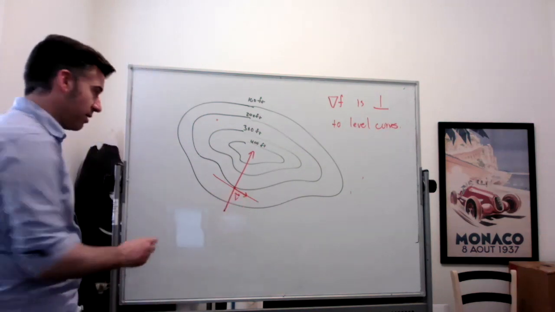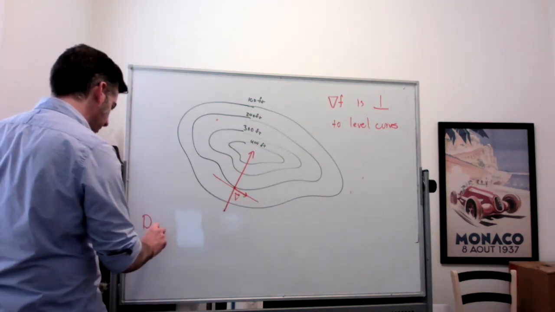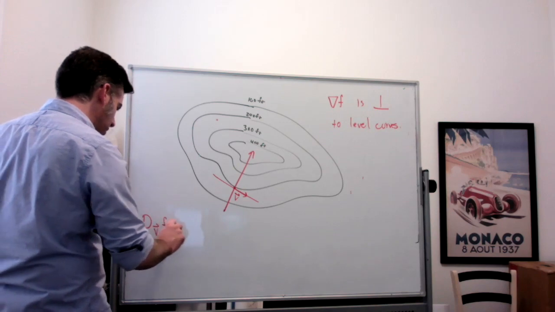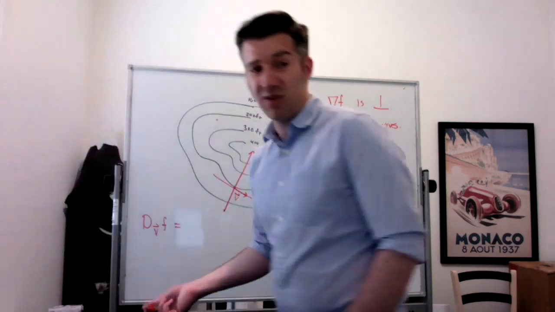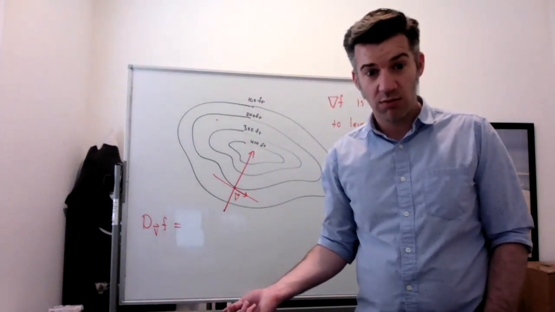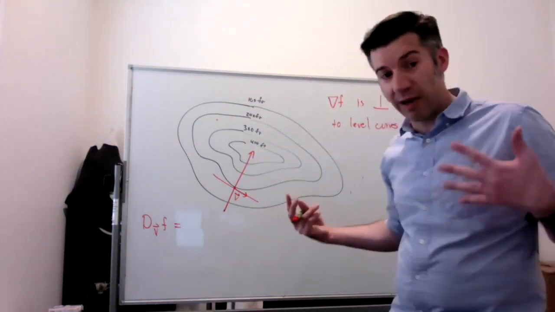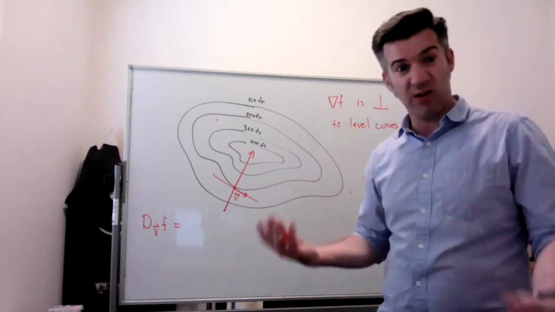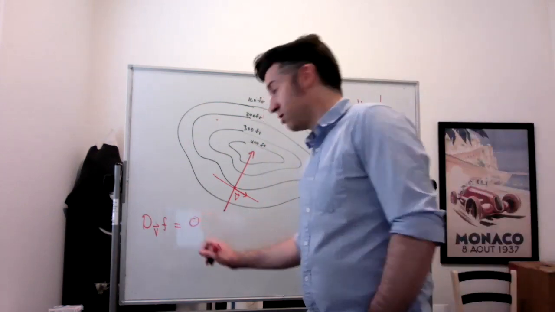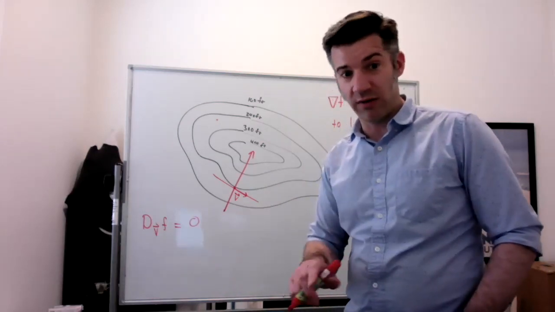I want to find the directional derivative in the direction of v of this function f. Well, I already know the directional derivative is 0, right? I'm not changing my elevation. There's no change in the function value. My derivative is 0.